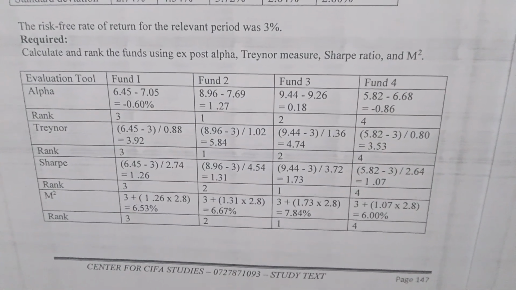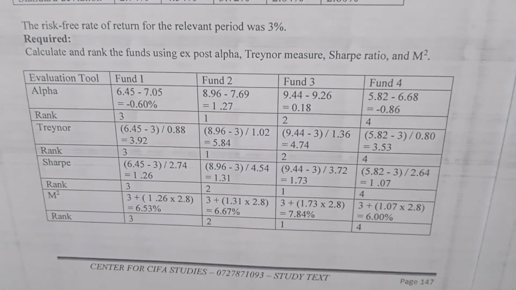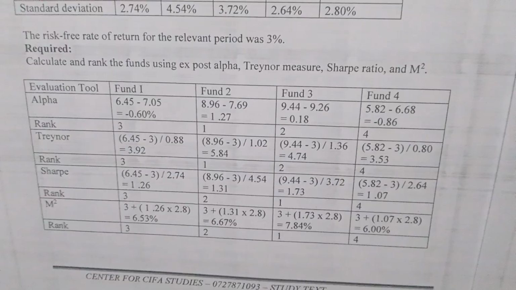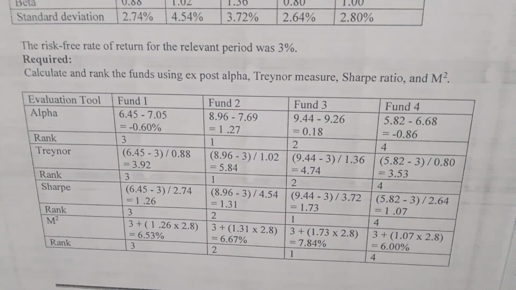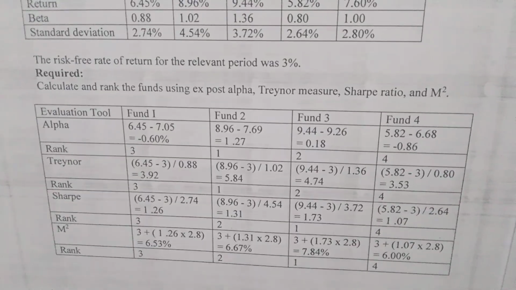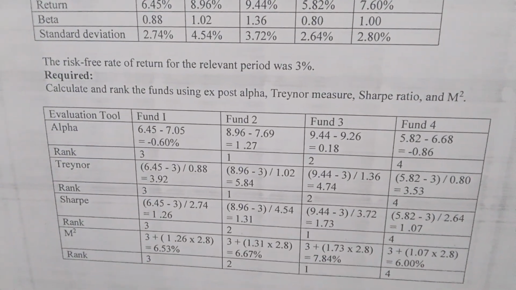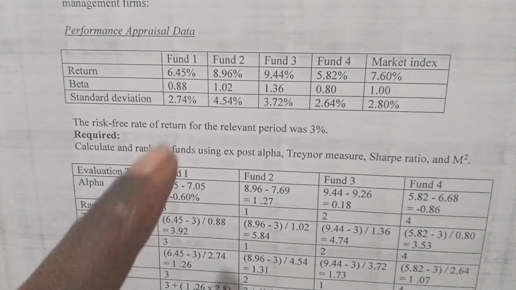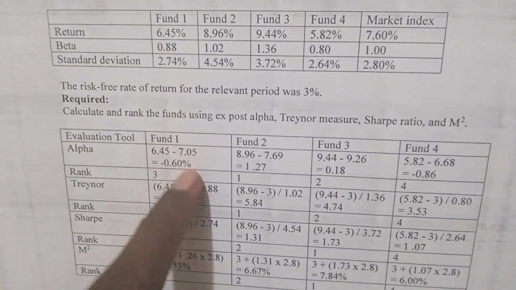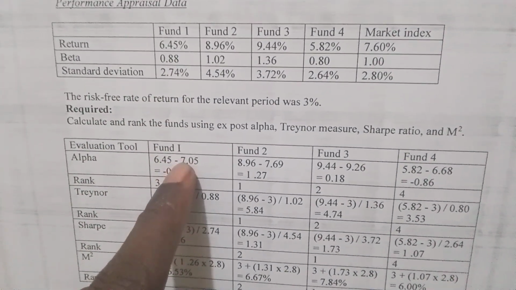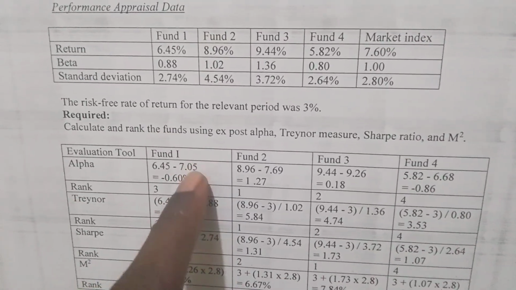Now for Fund 1, to calculate the alpha, one important thing that we should know is that we will be using the expected return for the alpha. Like for example, for Fund 1, you can see we are using 6.45, which is here, but we are minusing 7.05.